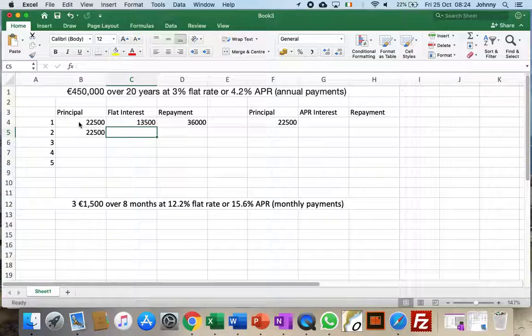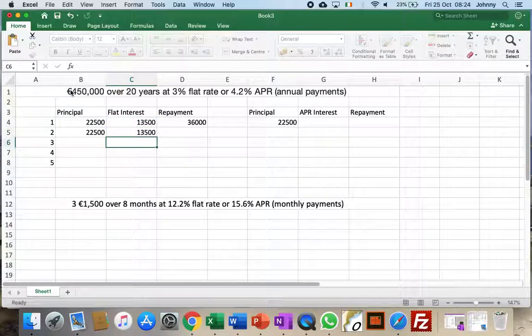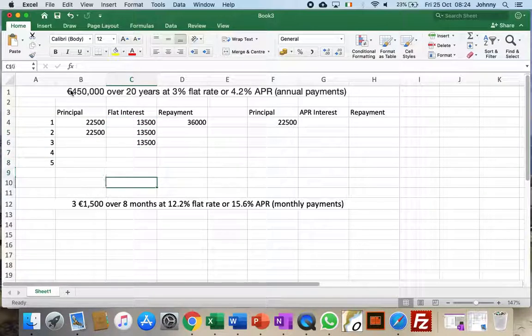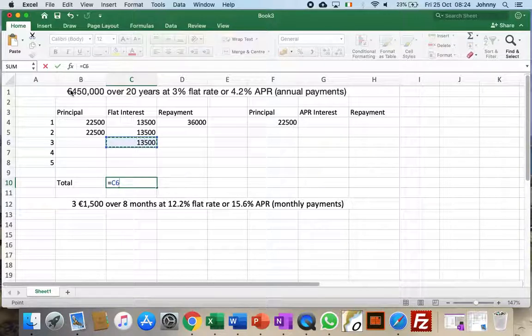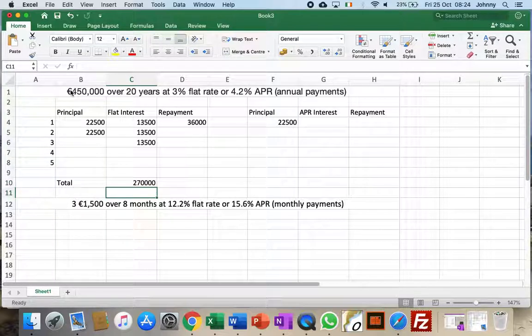The next year, I still pay 3% of what I originally borrowed. So I'm going to pay 13,500 every year all the way through my loan. So the total amount of my interest is going to be 13,500 multiplied by 20. So that's the total amount of interest I'm going to repay over the period of the loan.